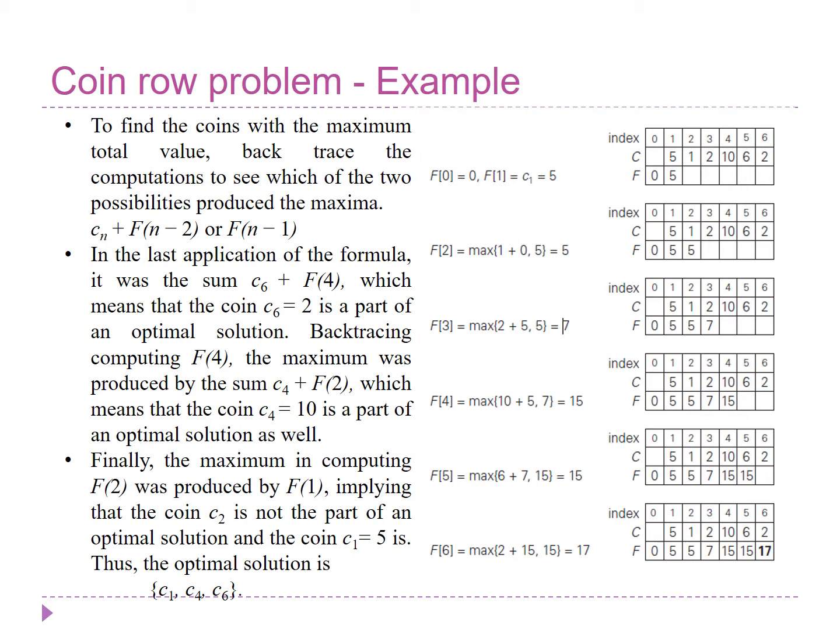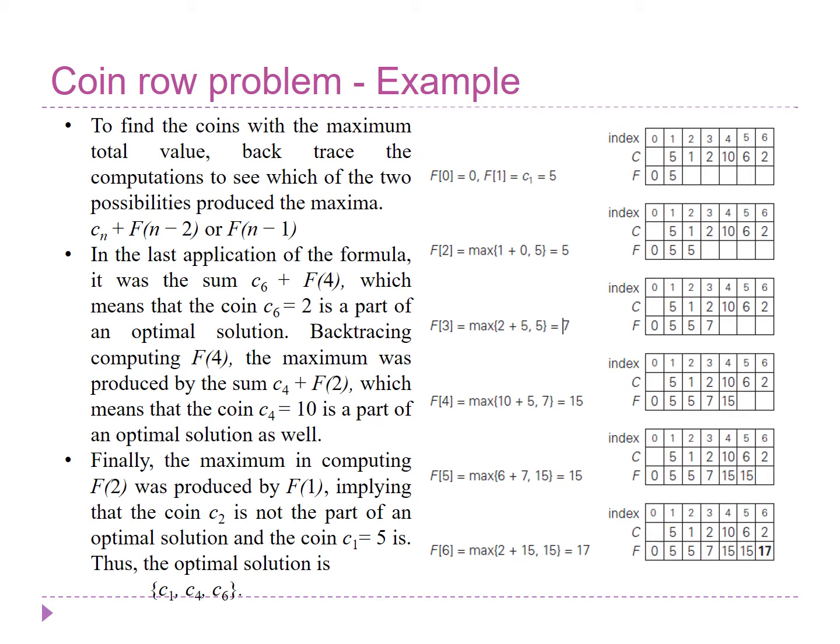Calculating f of 4, which is max of c suffix 4 plus f of 2 or f of 3. Here c suffix 4 equals 10 and f of 2 equals 5, which is the maximum value. 10 plus 5 equals 15.